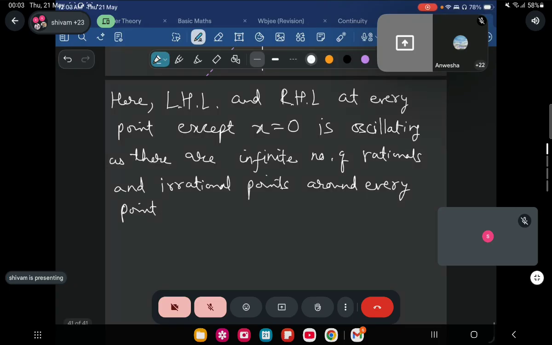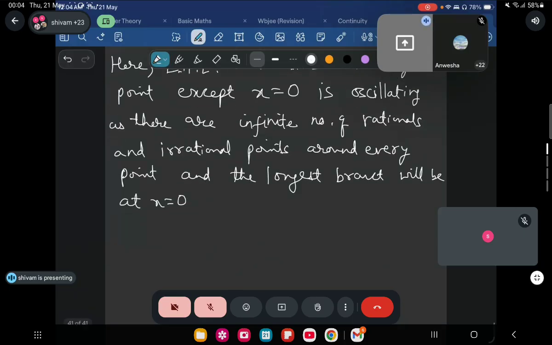And the longest branch will be at x equal to 0. Means it is continuous only at x equal to 0.